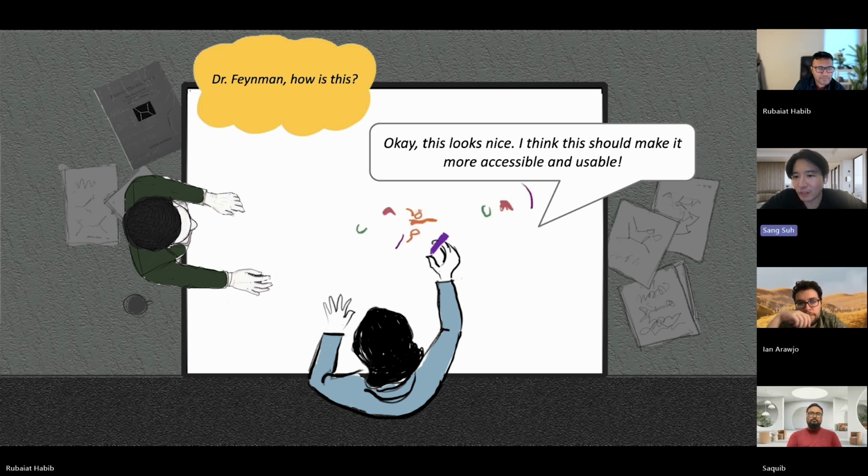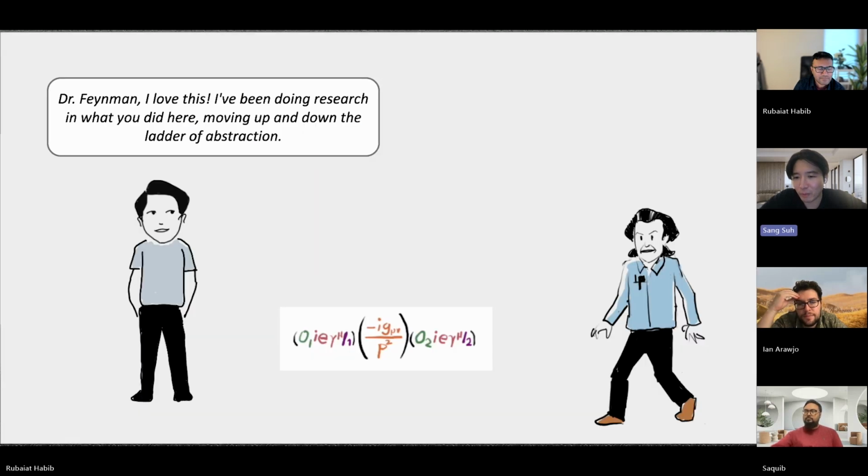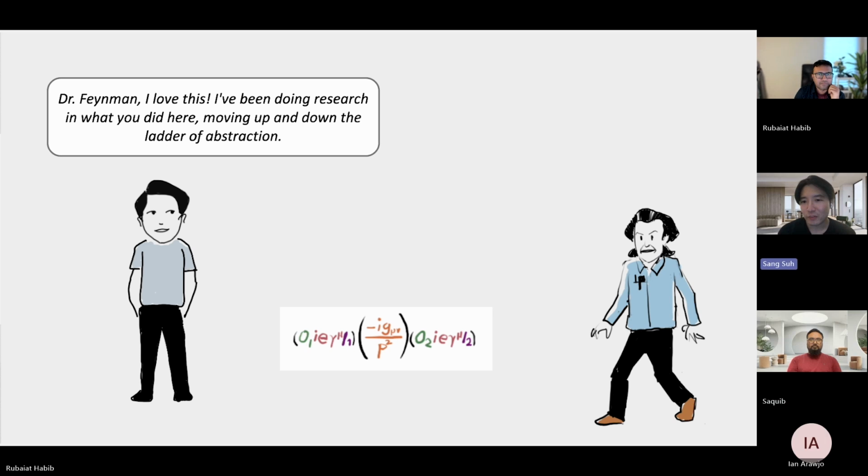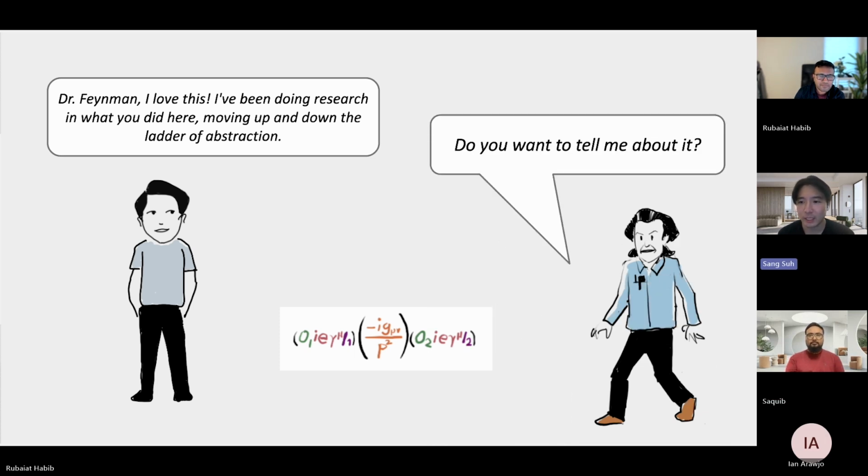And okay, so that animation is really cool, transforming from one representation to another. Yeah, I love this animation, going from one representation to another, because in my research also, that has been one of my main research interests. It's also called moving up and down the ladder of abstraction.